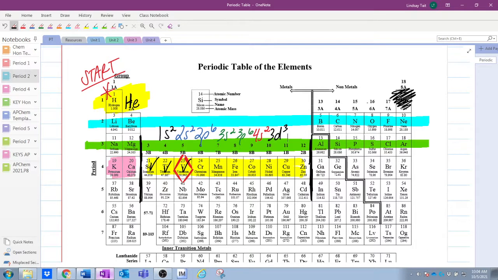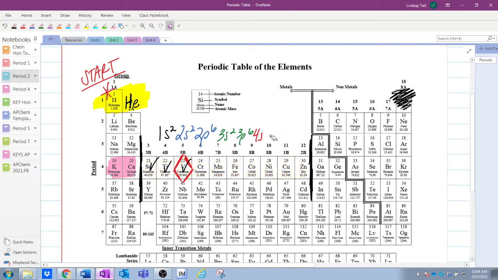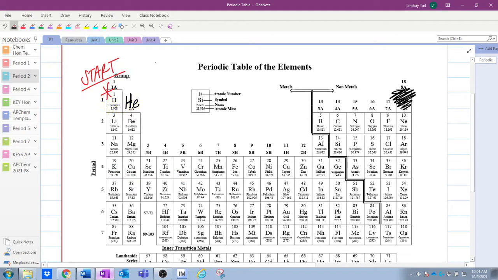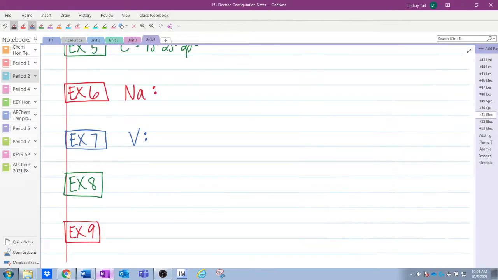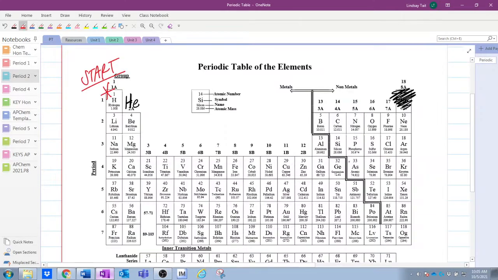Okay, let me give you one more for today, and I want you guys to try to write it out a little bit on your own first before I jump in. So, low stakes right now with notes. You guys, for example 8, I'd like you to do arsenic, As. I will put my table back up on the board. And that is arsenic over here.